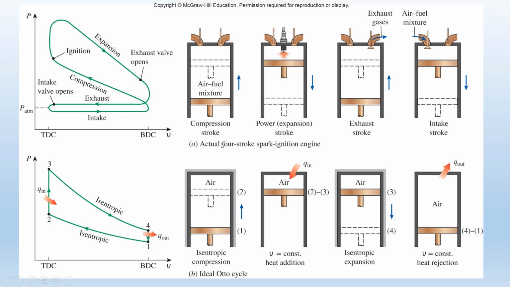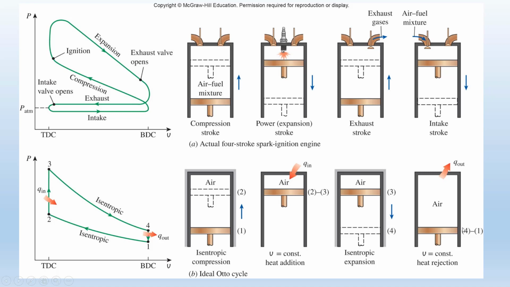the actual spark ignition engine has four strokes: one, two, three, and four. However, the ideal Otto cycle has only two strokes: one and two. Step two to three, the piston is stationary, and Q is added at constant volume.